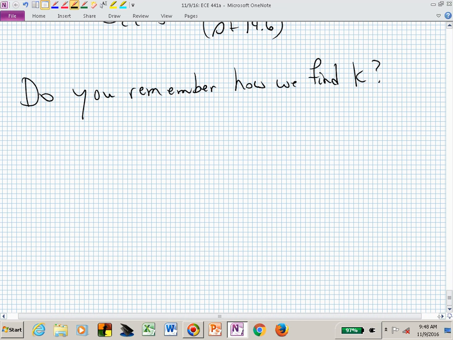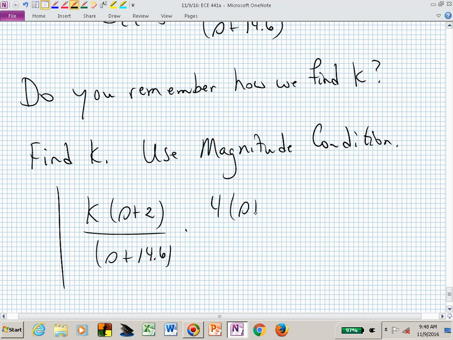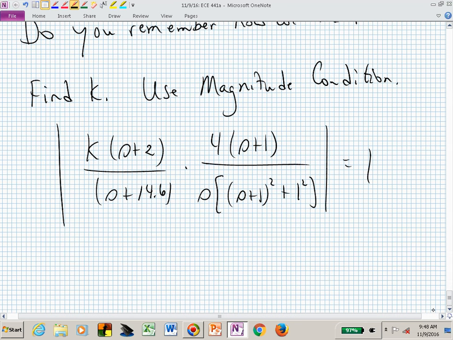What condition do we use to find the gain K? We can find K from the magnitude condition. Which says now that we have the magnitude of K, S plus 2 over S plus 14.6 times 4 S plus 1 over S plus 1 squared plus 1 squared, and we need that to equal 1.